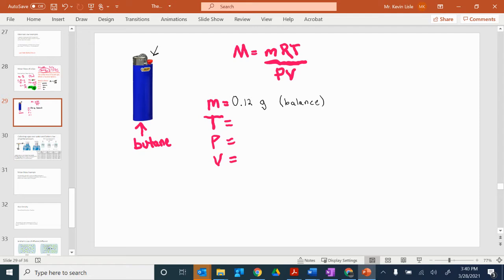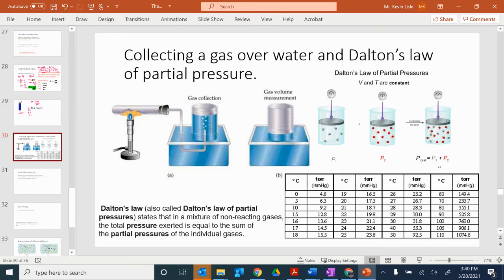The number one way to do that experimentally is through something called collecting a gas over water.